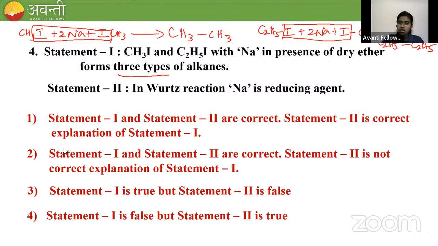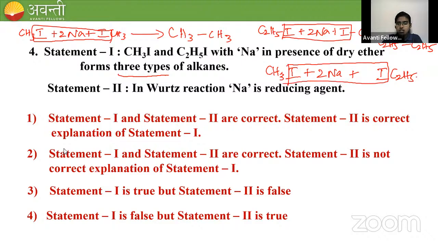So one of the methyl iodide will react with sodium with another mole of ethyl iodide. So CH3I with 2 sodium is going to react with C2H5I. Now on the elimination of this, we will get CH3-C2H5.